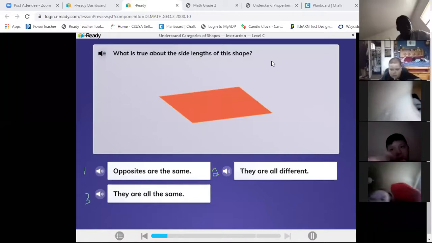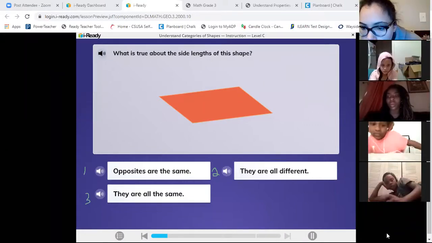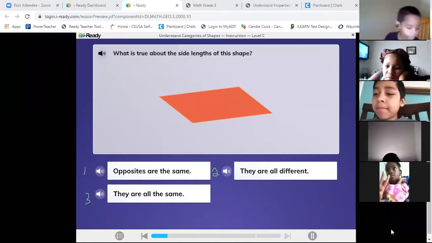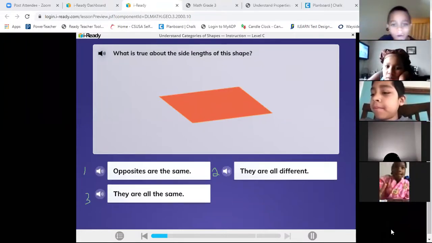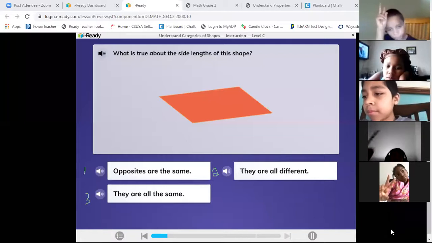Who thinks it's 2? They're all different. Do I see any 2s? Nyla. Denila. Esteban, do you think it's 2? Esteban voted for number 1. Oh, okay. That's my bad.